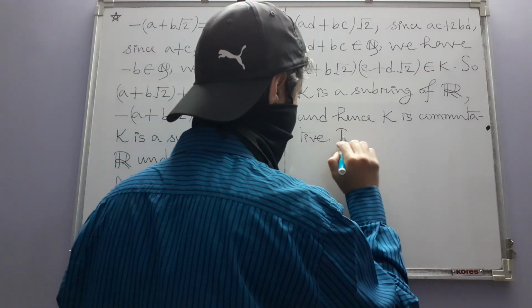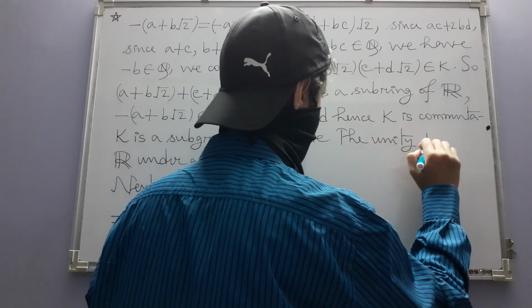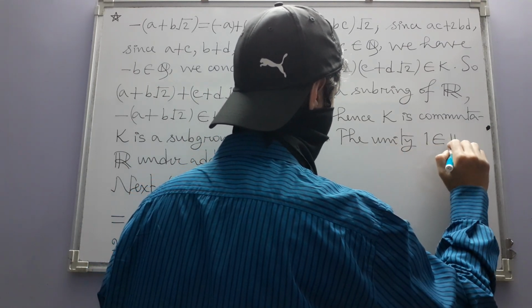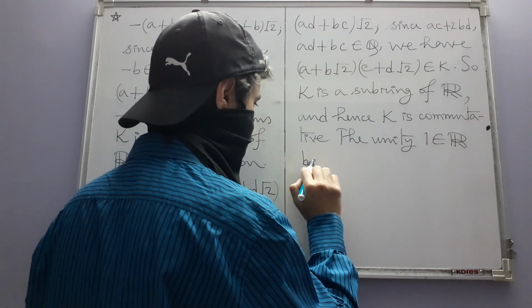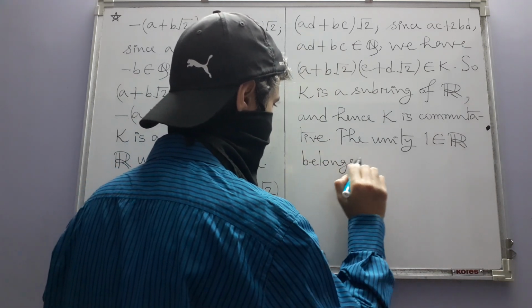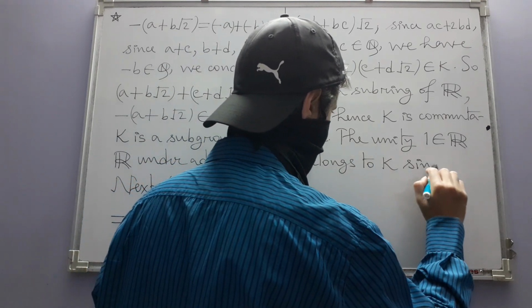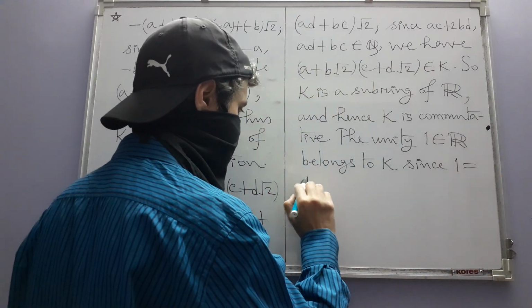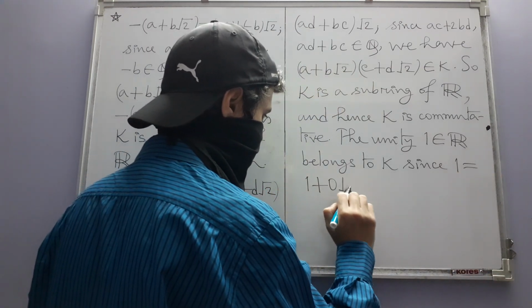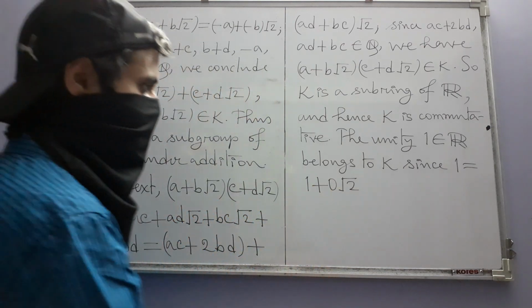The unity, the real number 1, belongs to K, since 1 is of that form, 1 plus 0 root 2. 1 and 0 are rational, so that's why it is in K.